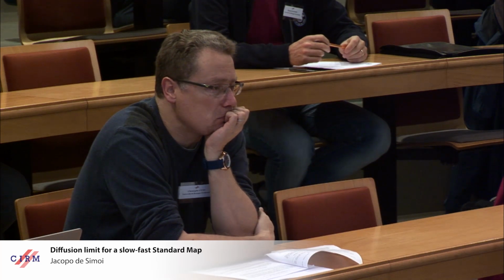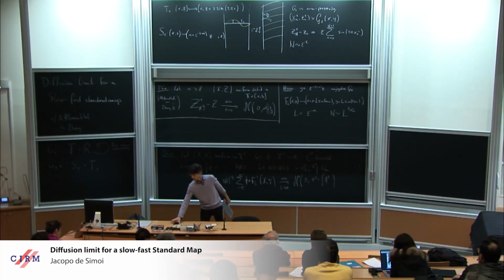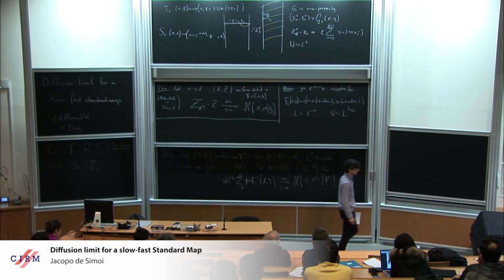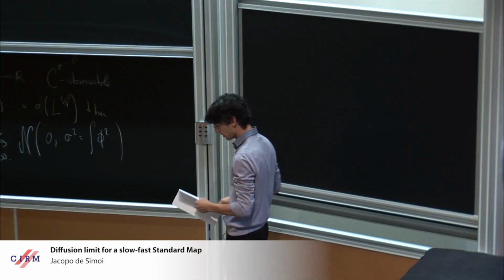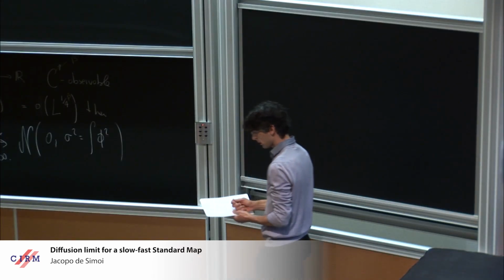Good. So what I would like to spend a few minutes on is now a kind of motivation for this kind of system. The motivation comes from a monograph by Dima, which is now 12 years old, I guess. It's a repulsion from resonances monograph, which some of you might know.